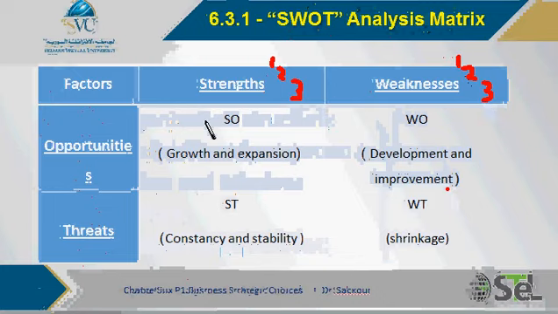Our opportunities, which come from our external environment, we identified 1, 2, 3, 4, 5, etc. Then threats. Then we make connection and interrelation between them.